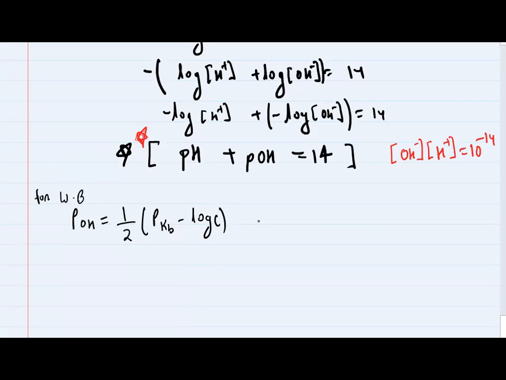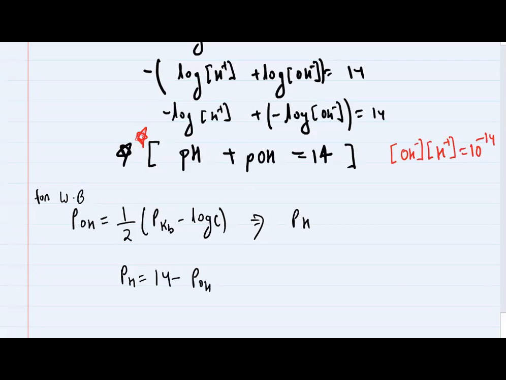But if you want to find pH, what you have to do? We know that pH will be nothing but 14 minus pOH. Agree, everyone?